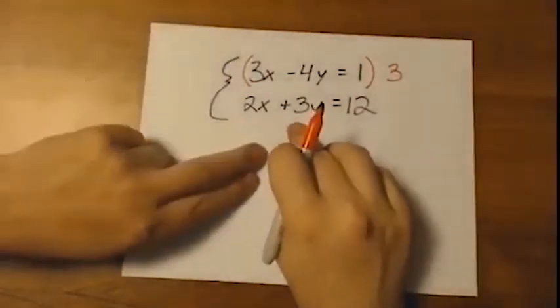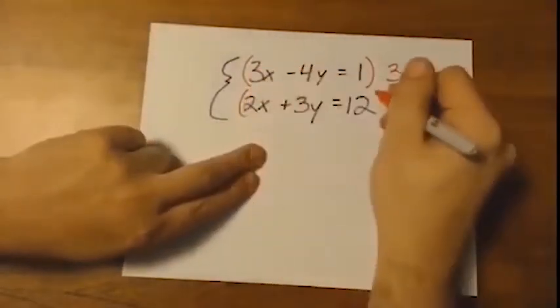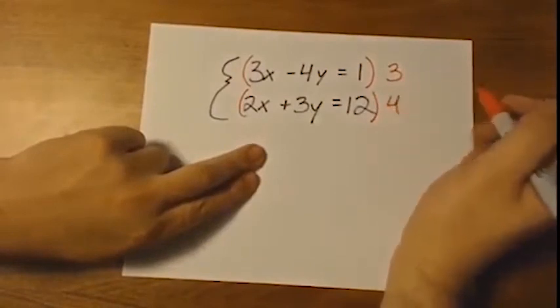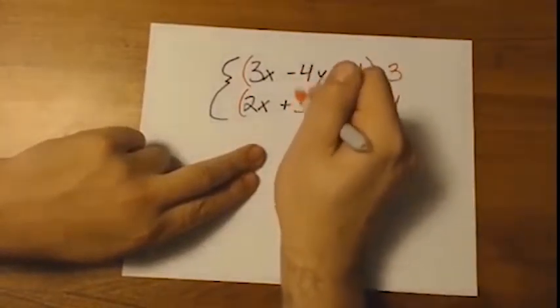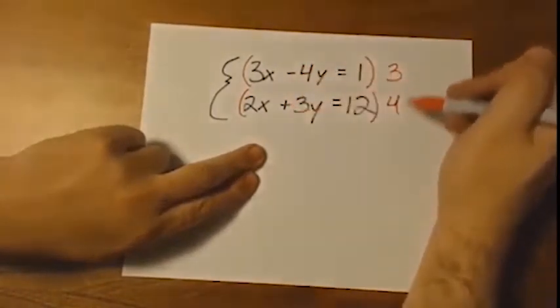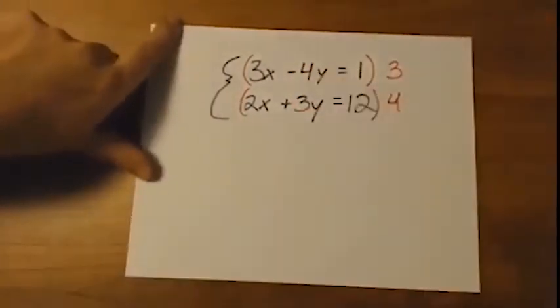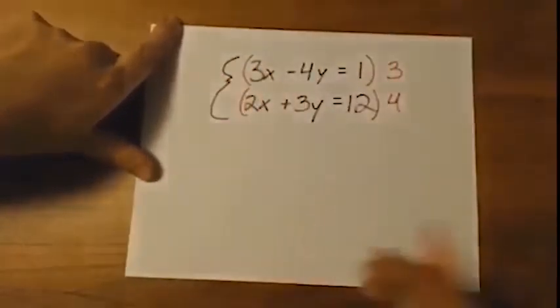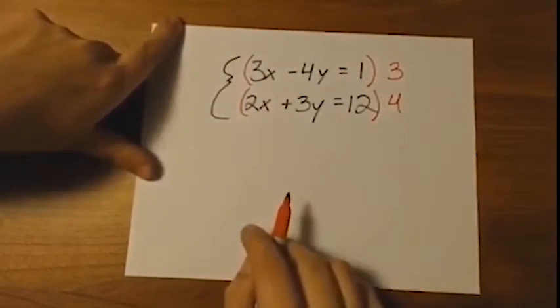What do we have to multiply 3 by to get 12? 4. Since one was negative and one was positive already, we're going to keep it positive 3, positive 4. We should end up with a negative 12y and a positive 12y, which will cancel each other out.